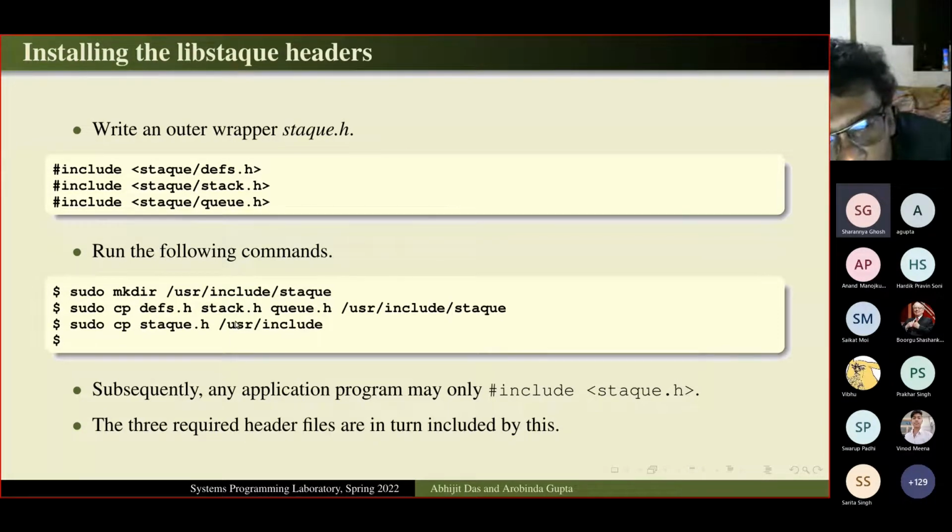And this is the standard, I would say, default include directory. Oh, you are including. Okay, I see now. Yes. So if I say stack.h, this contains these 3 lines, which in turn will include these 3 files in the subdirectory /usr/include/stack. Okay.